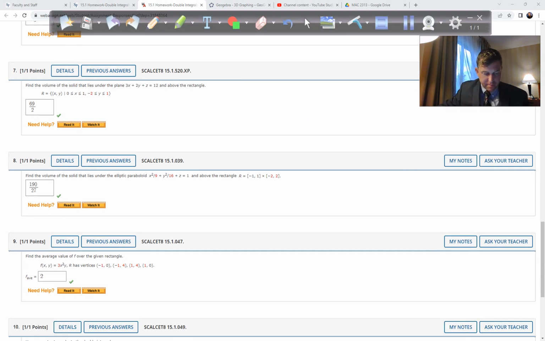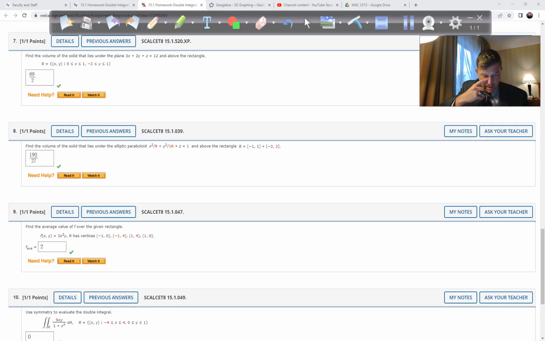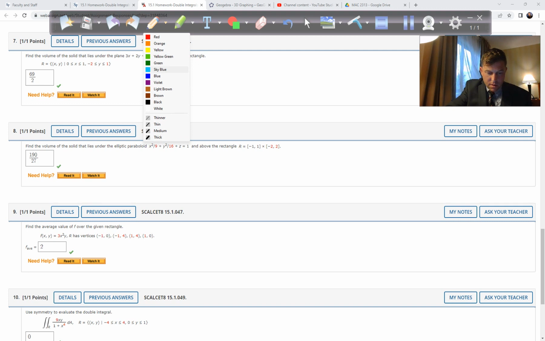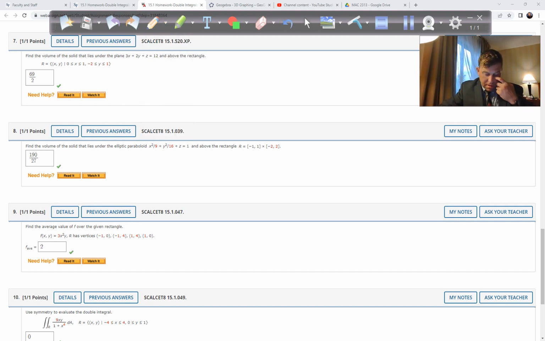Okay, problem 8. Find the volume of the solid that lies under the elliptical paraboloid x squared over 9 plus y squared over 16 plus z equals 1. So what we want to do is, now this is an elliptical paraboloid, which means it's going to be symmetric about the x and y axis, and we're going to use that to save us a lot of work.